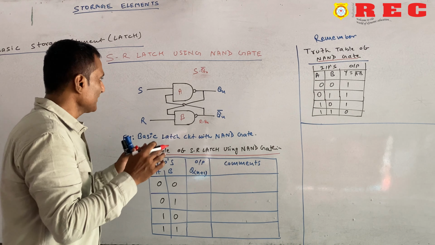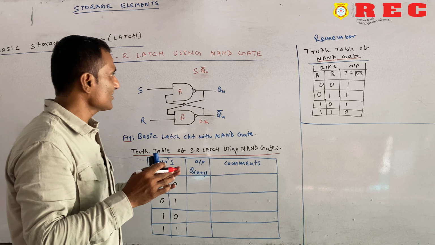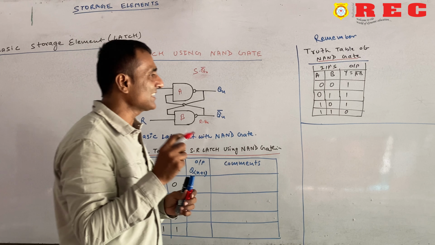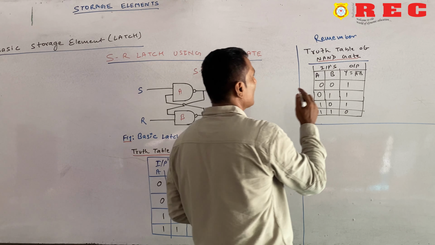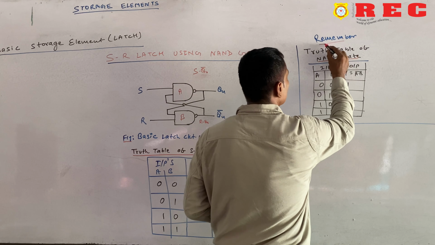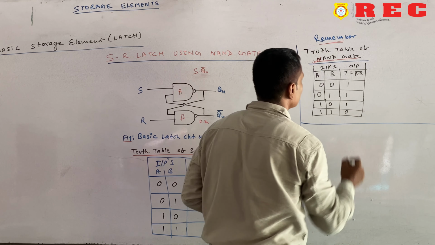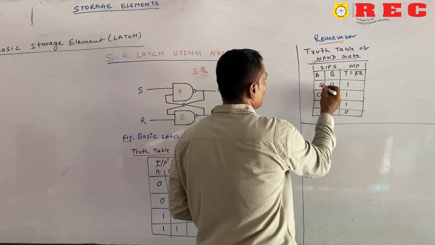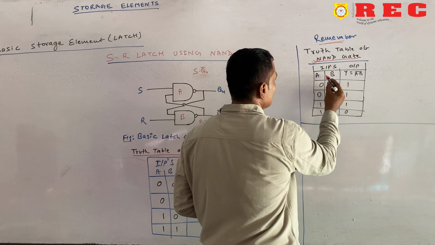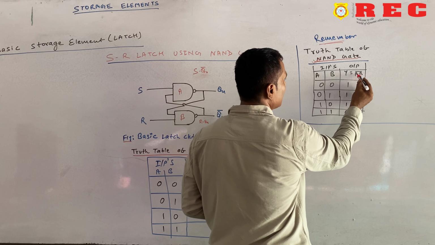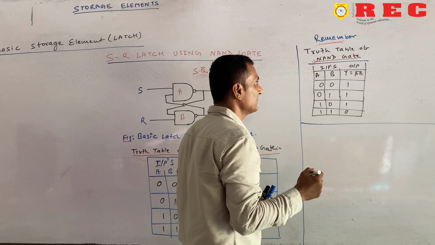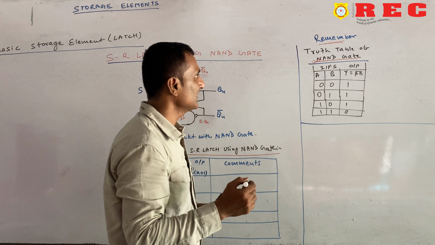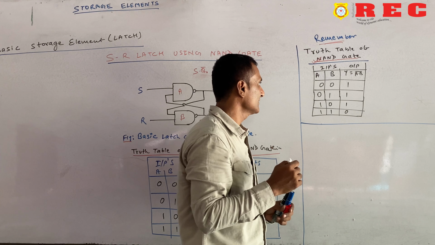Before studying the SR latch, we should remember the truth table of the NAND gate, which we have already studied. When the inputs of the NAND gate are A and B, the output will be (A dot B) whole complement, or A dot B whole bar.